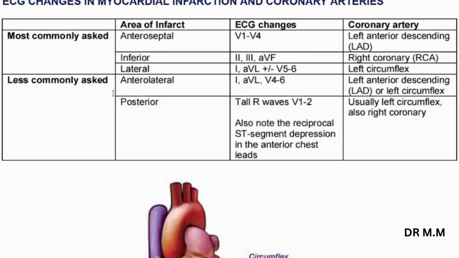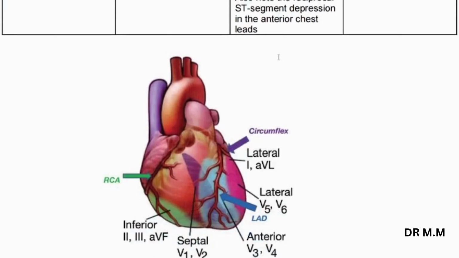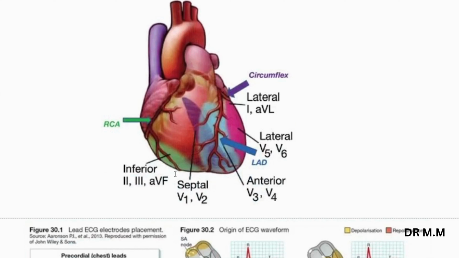Okay, but if the patient has inferior MI, we must look for changes at leads 2, 3 and AVF. As we can see, leads 2, 3 and AVF are showing the inferior aspect of the heart.